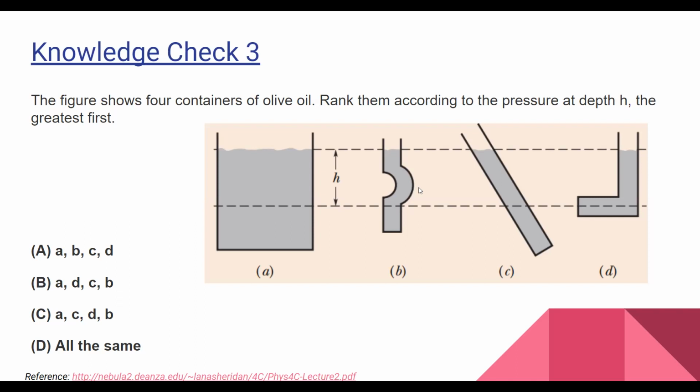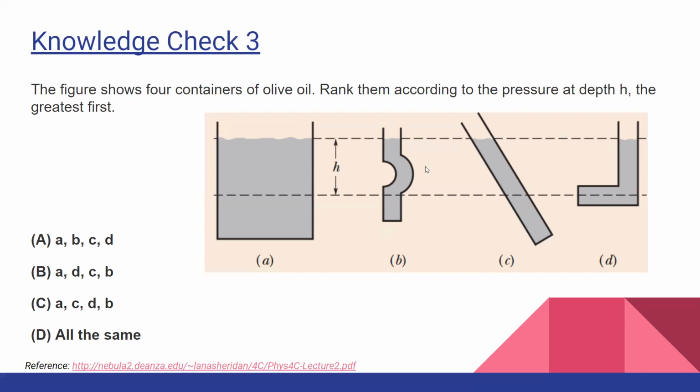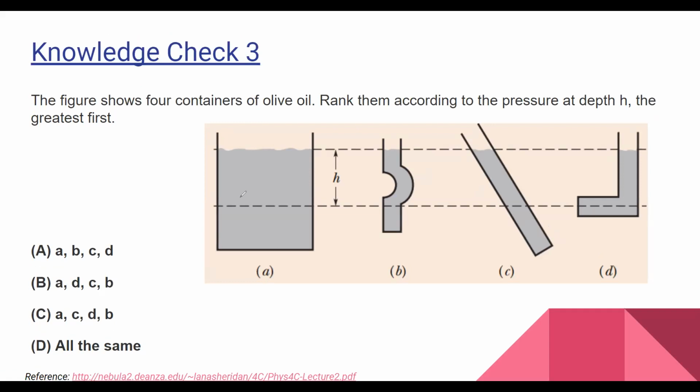Okay. And the answer to this is that they're actually all the same. It's because the depths at H are all constant. The only thing that is different between the 4 vessels is the shape. But we know shape has no bearing on pressure.